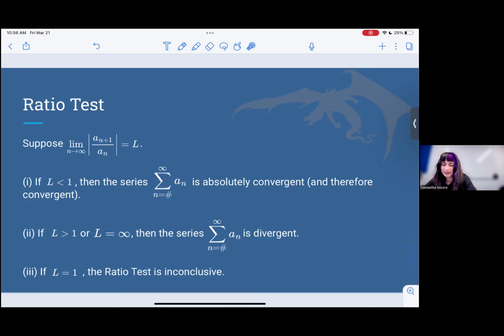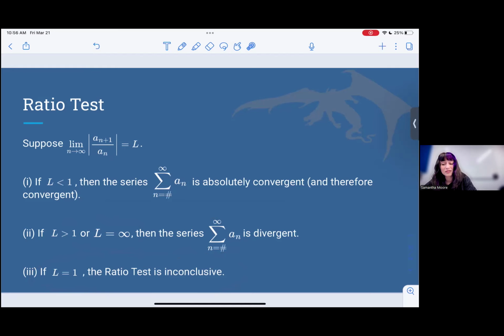And if this L equals 1, then we actually don't know what happens. It's inconclusive. So we don't know if the series is going to converge or diverge. We would have to go forth and use different series tests in order to be sure about that particular series.